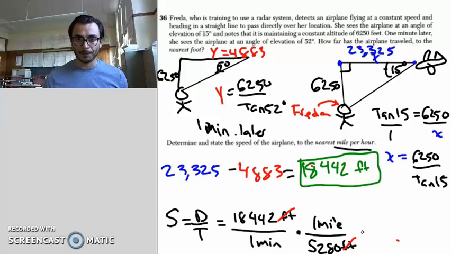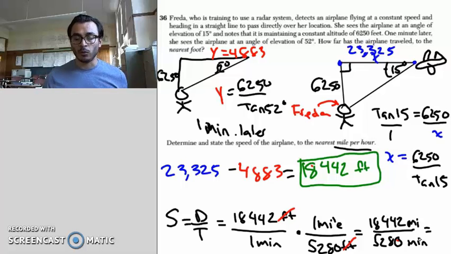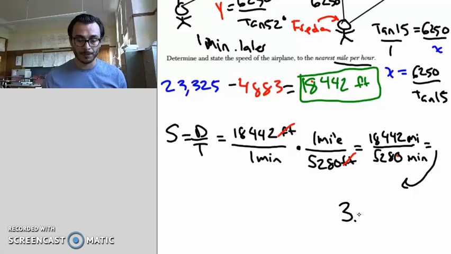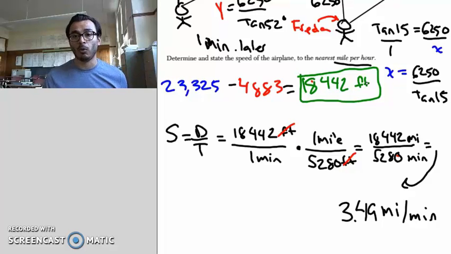So I get 18,442 over 5,280 miles per minute. If you divide that, you get approximately 3.49 miles per minute.